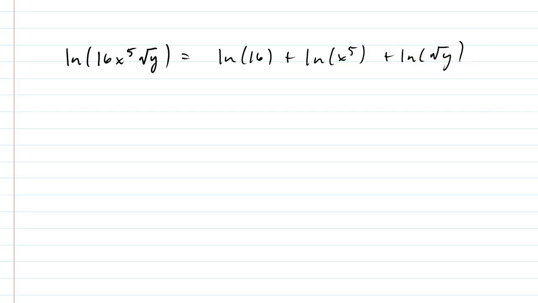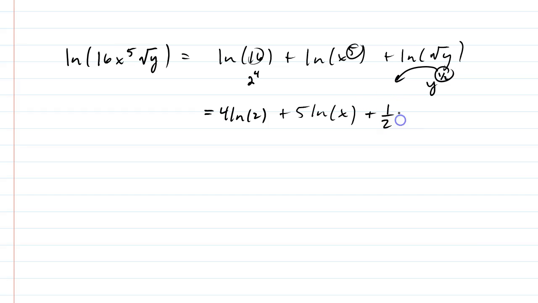And now think of this as 2 to the 4th. So really, this is going to be 4 ln of 2. This is going to come out and be 5 ln of x. And then remember that this is the same as y to the 1/2 power, so this 1/2 will come out front. It's going to be 1/2 ln of y. That would be your final answer.